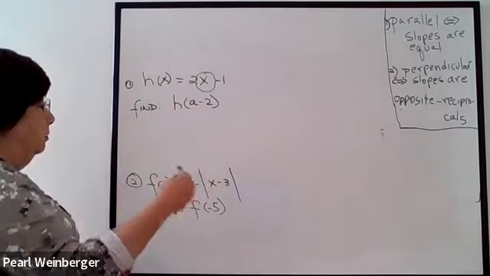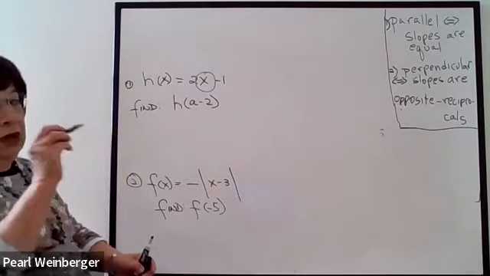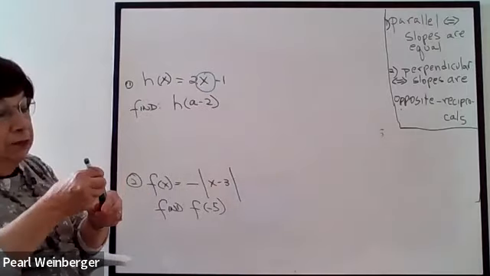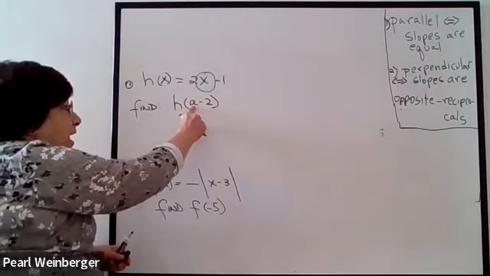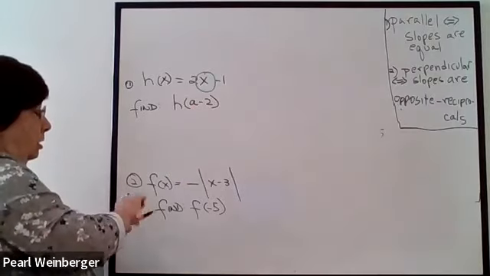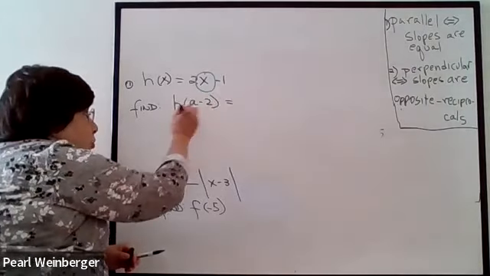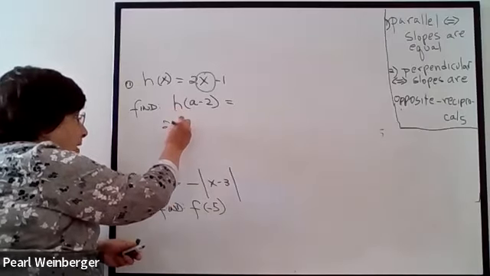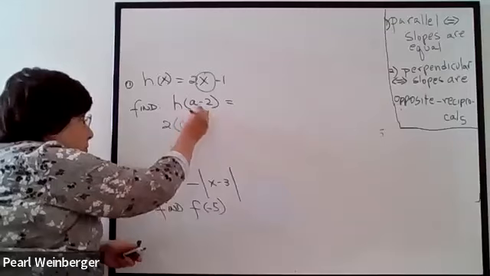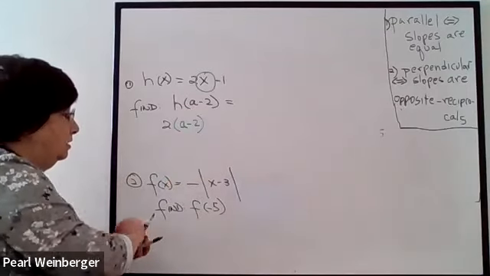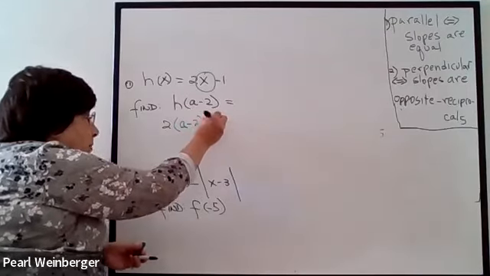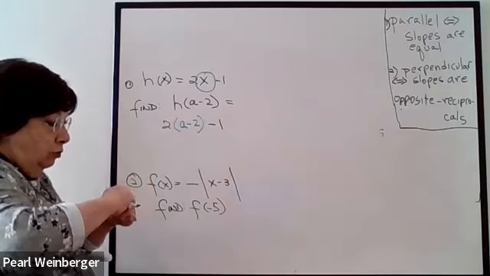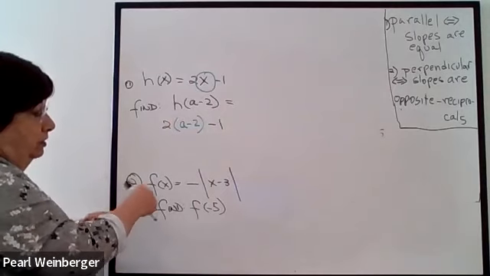Circle wherever you see an x, and there's only one place, and in its place, put a minus 2. Here's my new x, a minus 2, and everything else stays the same. My x has been replaced with a minus 2. And now we just figure this out.